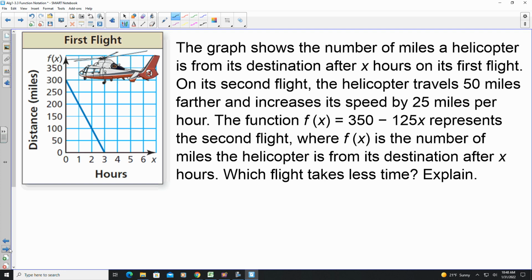So we have the first flight here. Looks like they were at 300 miles and it took 3 hours. So first flight, we got 300 miles and the time was 3 hours.